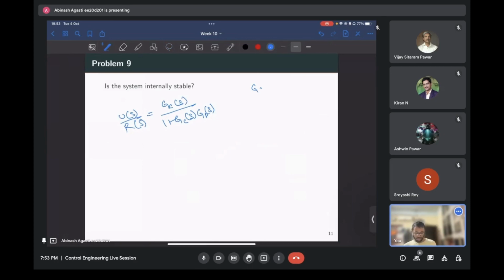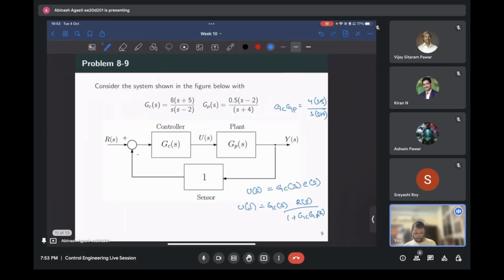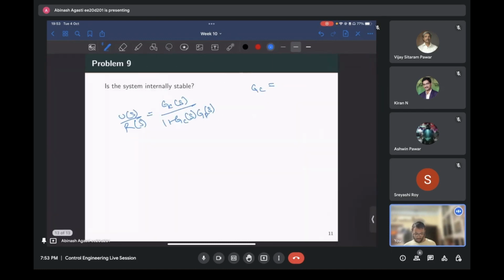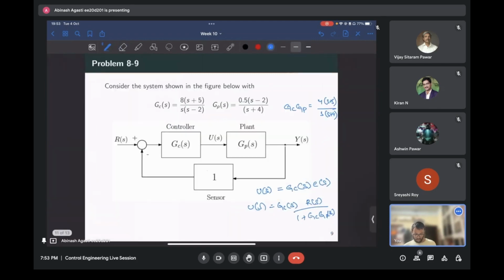So Gc was what? Gc was (s plus 5) by s, and Gp was 0.5 (s minus 2) by (s plus 4).